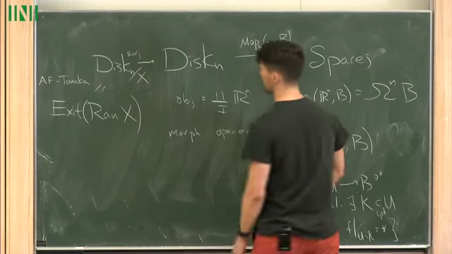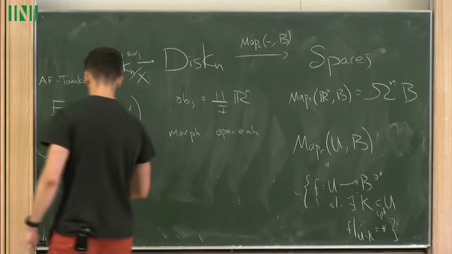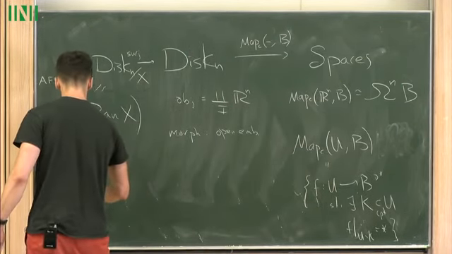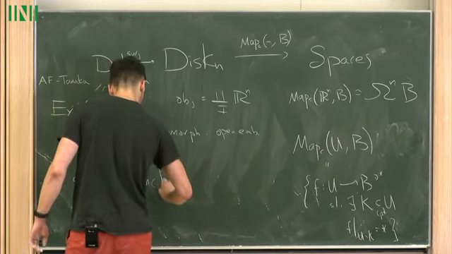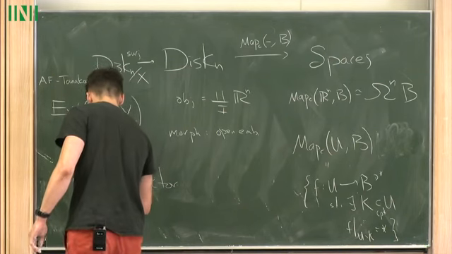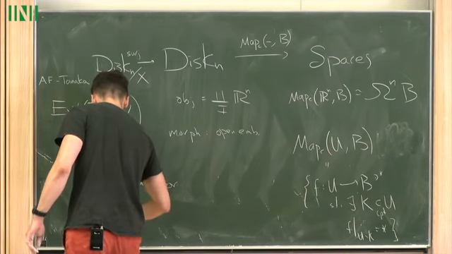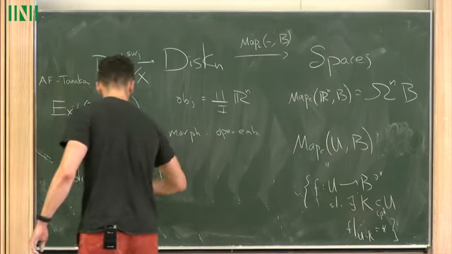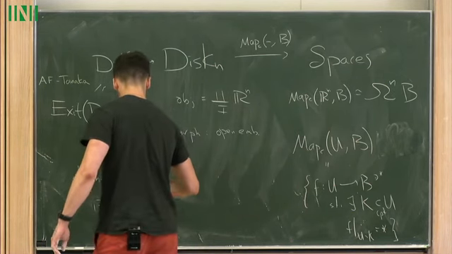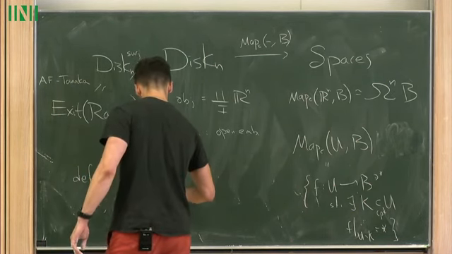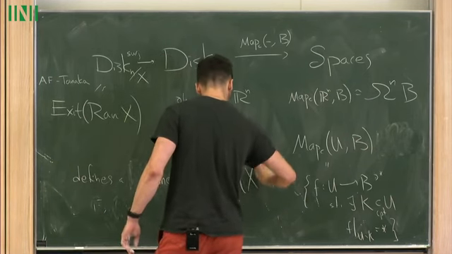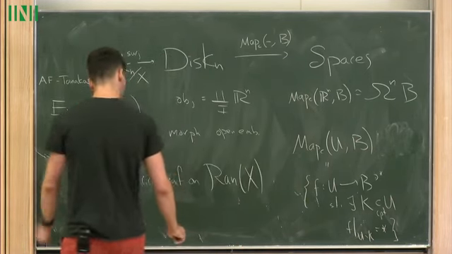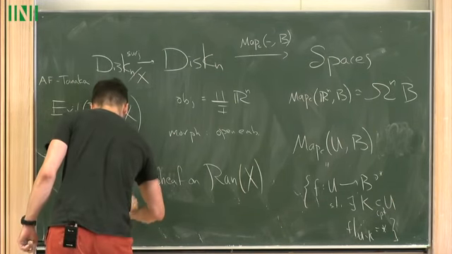So this defines a functor, which defines a cosheaf on Ran of X with stalks.